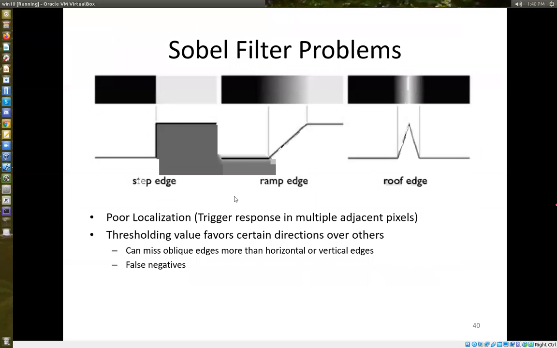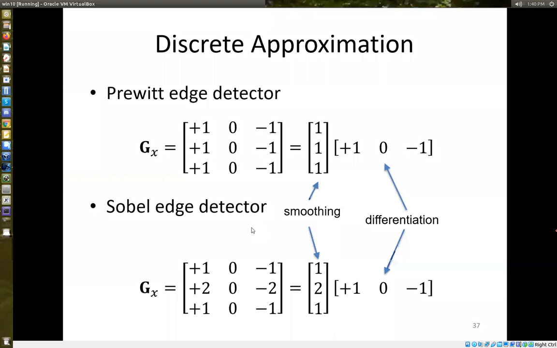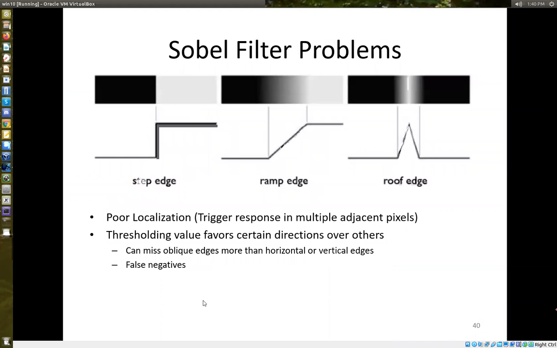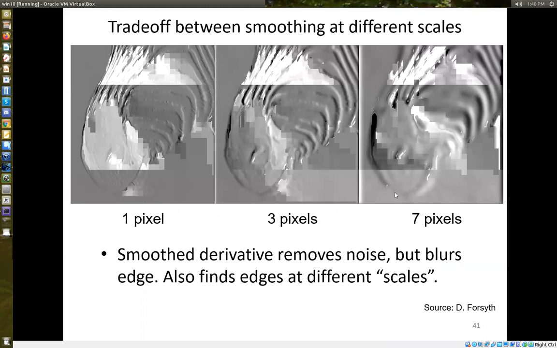Stronger smoothing means that if the image is noisier, I will take more pixels to smooth out vertically, and then I will get smoother edges.